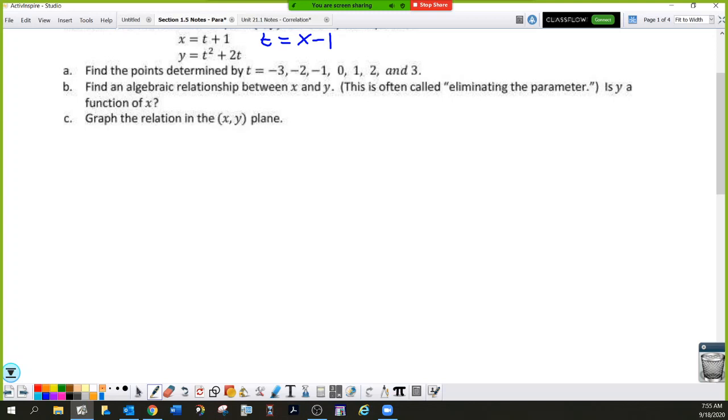And if you know what t equals, and you see it's just in terms of x, you could substitute the expression you found for t into y. So for part B, we can say y equals the expression we found for t squared plus 2 times the expression we found for t, and that expression happens to be x minus 1.